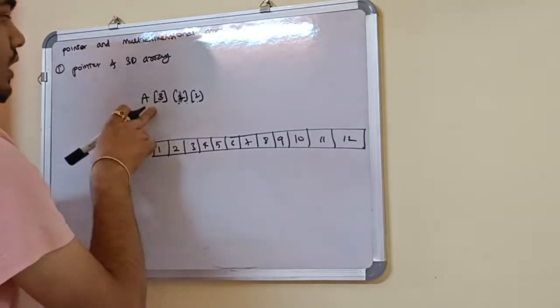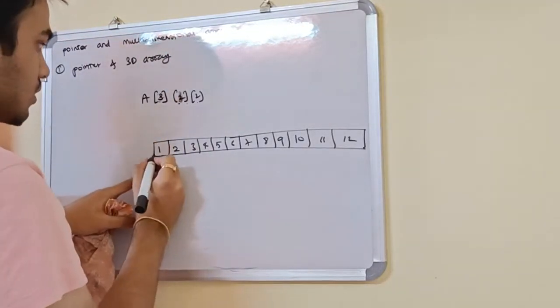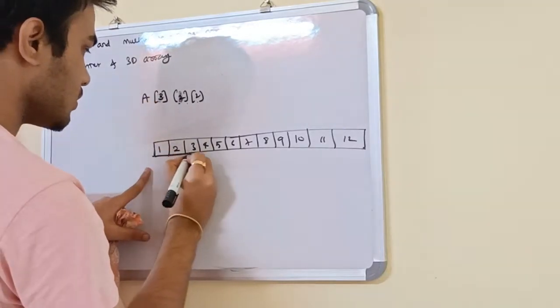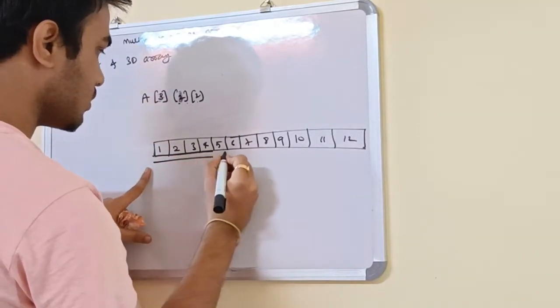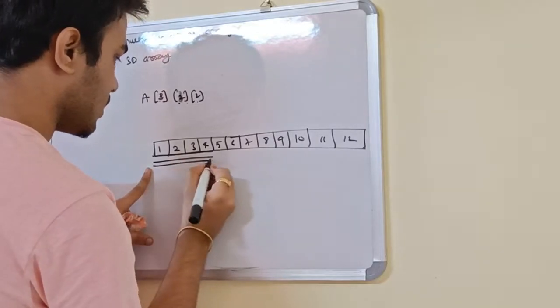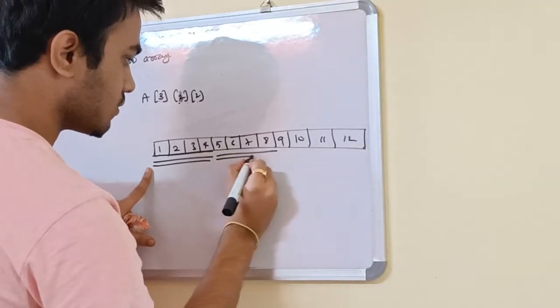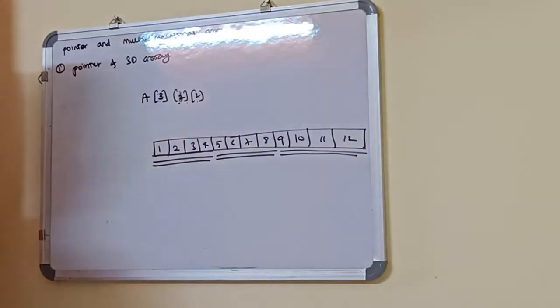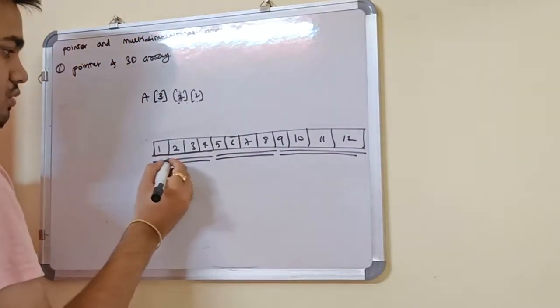And it is actually an array of 3 blocks of size 2 by 2. So 2 by 2 is this first block, then this is the second one, and this is the third one.